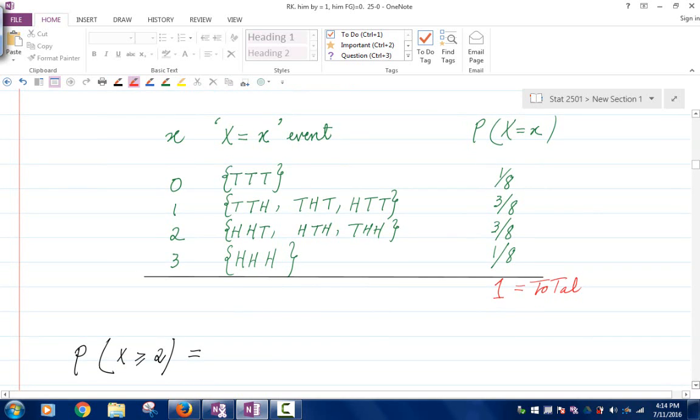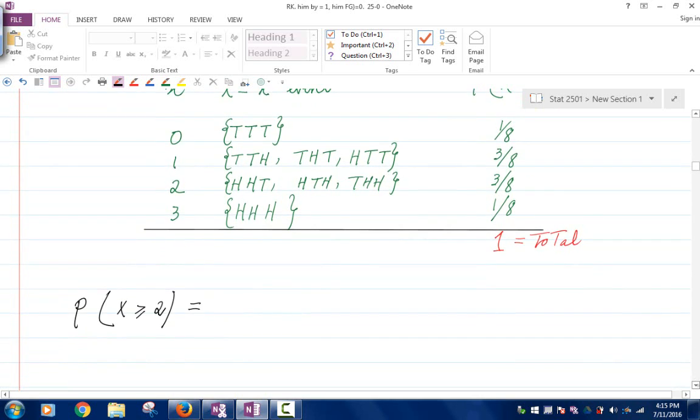Okay, so now let's say I want to find the probability that X is greater than or equal to 2. The probability that X is greater than or equal to 2 is the same as the probability that X is 2 or X is 3.